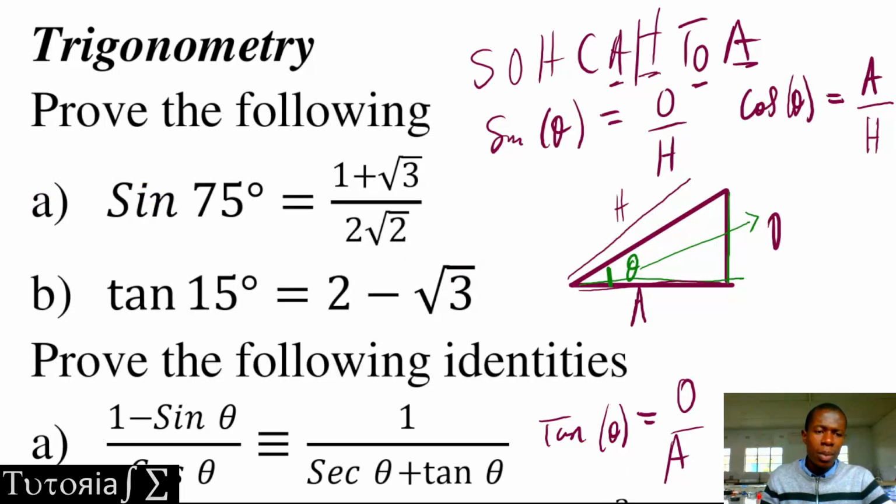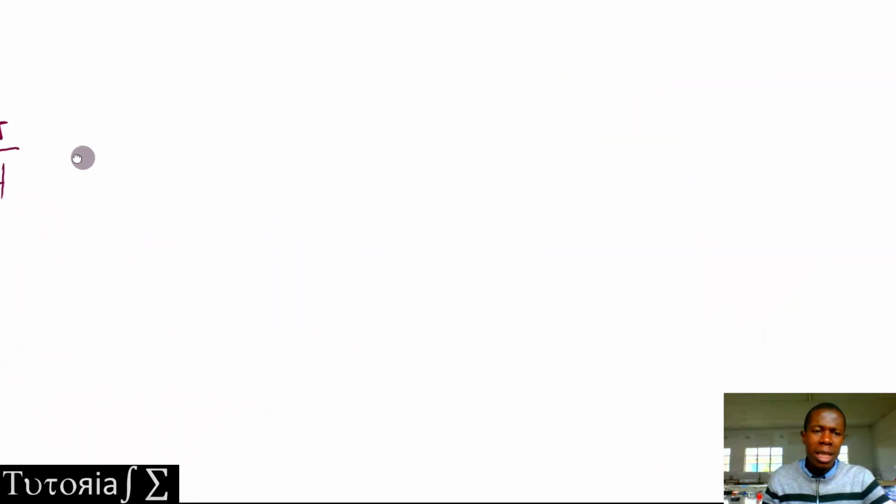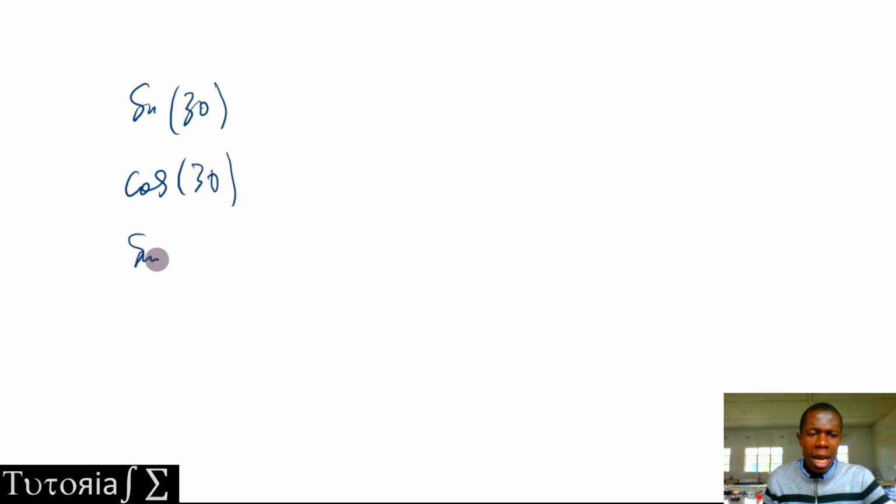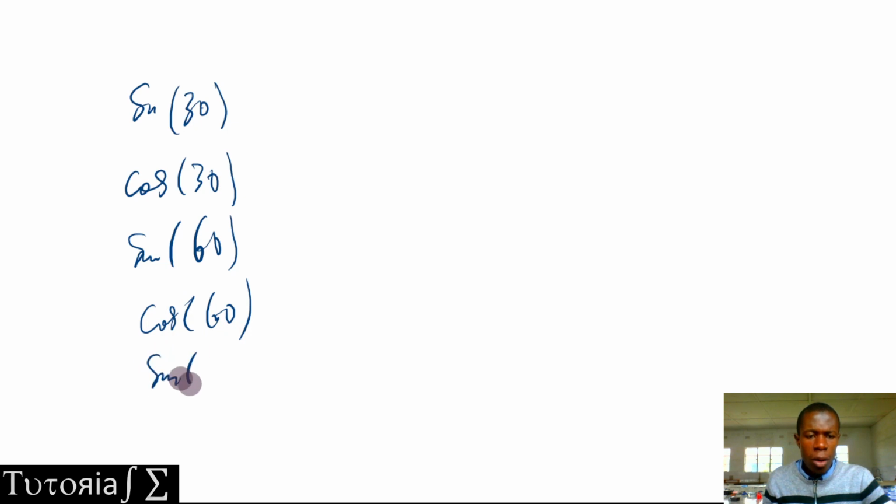Now, we have what we call special angles, and basically special angles are angles whose values we can determine. For instance, we have sine of 30, cos of 30, sine of 60, cos of 60, sine of 90, cos of 90. We can derive these totally.